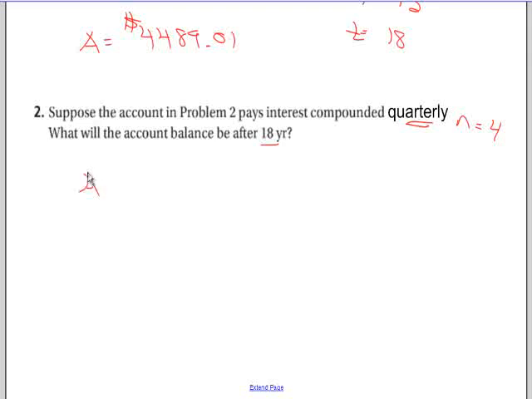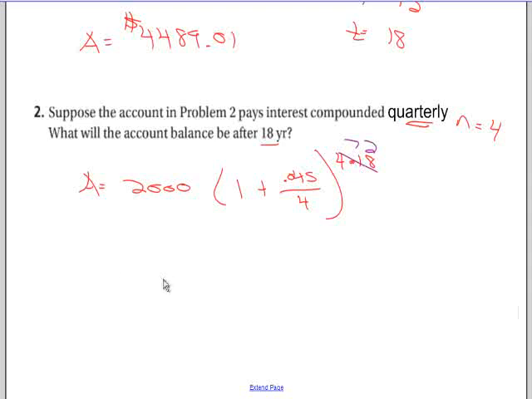So remember, the amount we're going to get was $2,000 times 1 plus 0.045 all over 4 this time, times quarterly times 18. So one thing I like to do right away is just cross this out, make that 72. So whatever that product is, I want to get that right away.